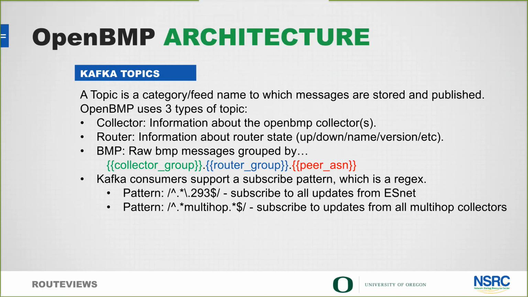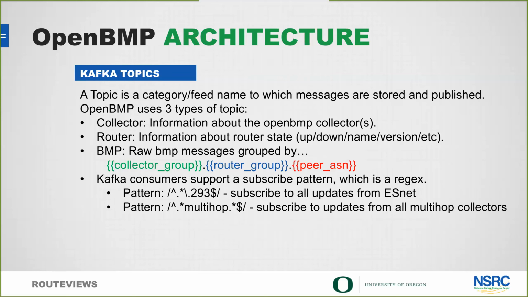And then we have the actual BMP data. What's nice about what we can do with OpenBMPD is we can group this data into elements of collector groups, which in our case might be a collector group for our multi-hop servers, and a collector group for the AMS6 exchange that we're at.